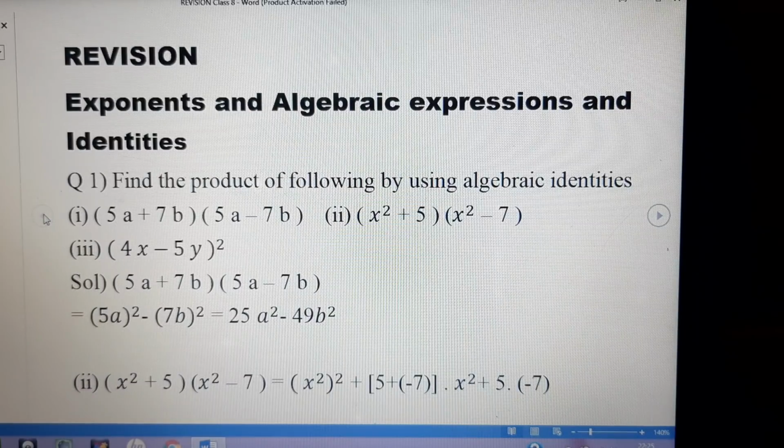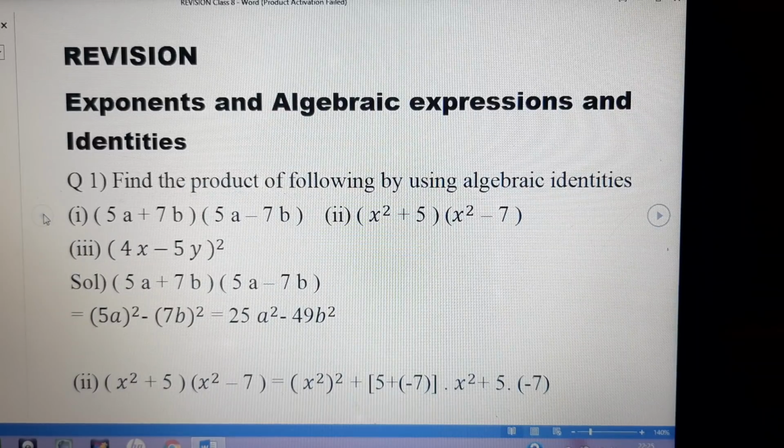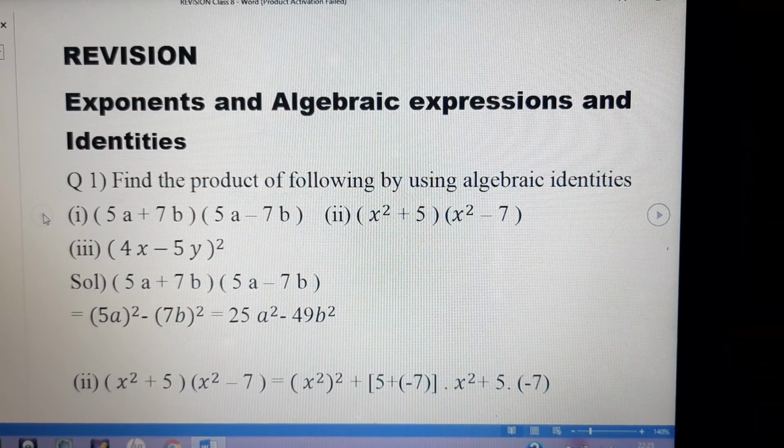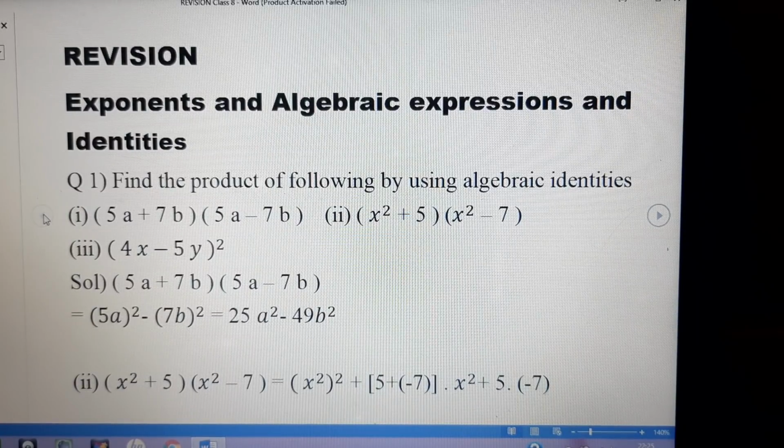So first, question number 1, first part is (5a plus 7b)(5a minus 7b). As we can see, both the terms are the same, 5a and 7b, in the other bracket also. One with a plus sign, the other with a negative sign. So we'll use the formula (a plus b)(a minus b) is equal to a square minus b square, where a is 5a and b is 7b.